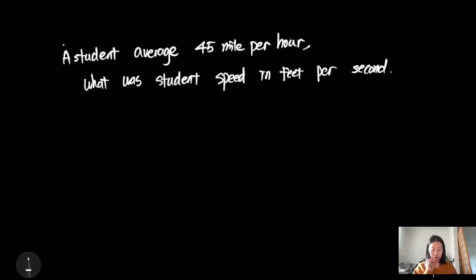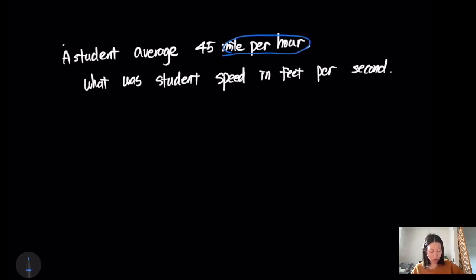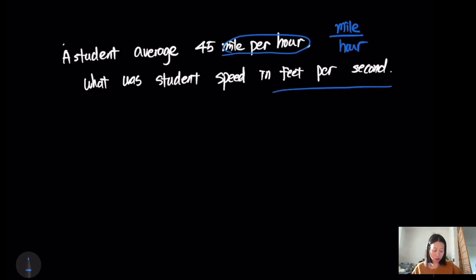In here, we need to be careful about the per. Per is the fraction bar, so we can put them into the denominator. So the unit is miles per hour, and the goal is to convert it into feet per second.